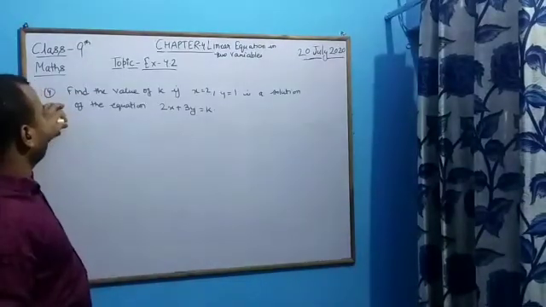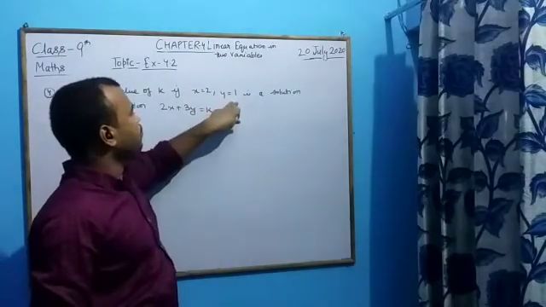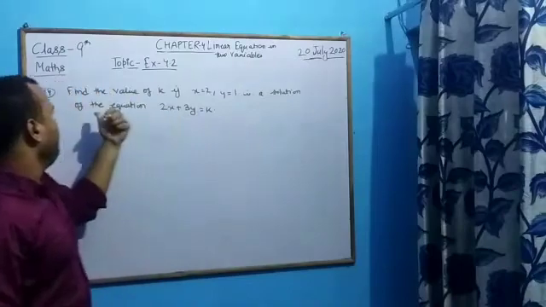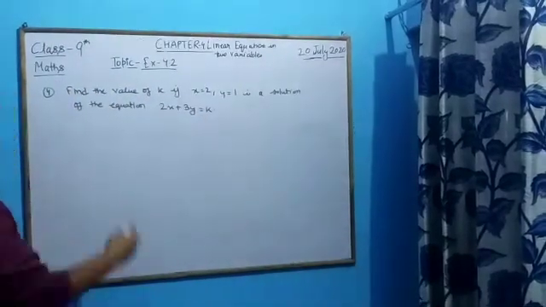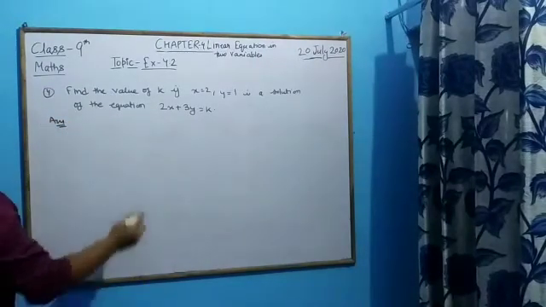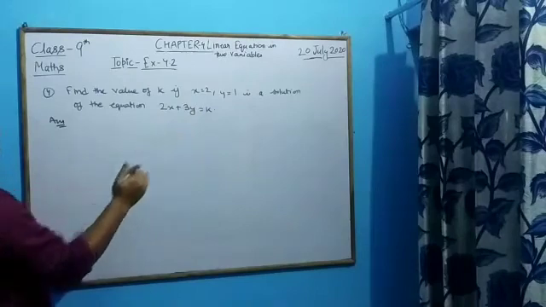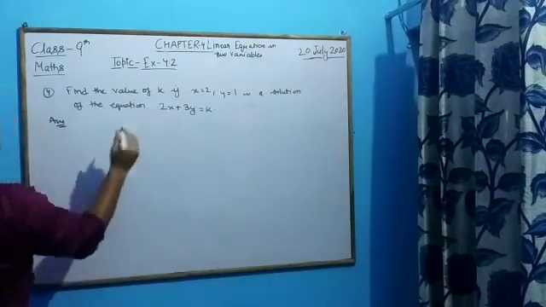Now let us see question number 4. Find the value of k if x is equal to 2, y equal to 1 is the solution of the equation 2x plus 3y equal to k. As we have seen in the third question, if the values satisfy the equation, then they are the solution, otherwise not.